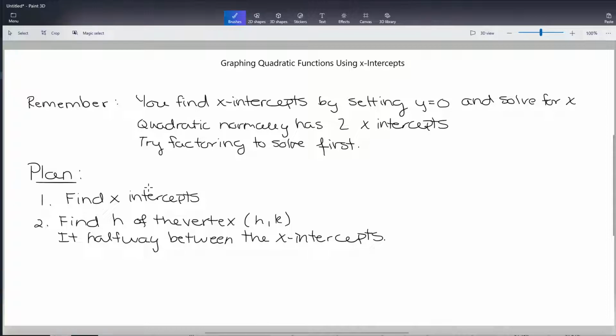Then the next thing we're going to do is plug h into the original equation to find k, the y part.